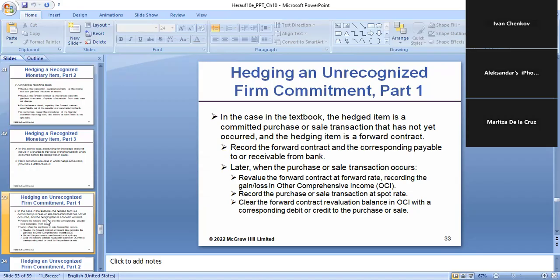And then we're going to clear the forward contract. And the balance that's kept in other comprehensive income goes with the purchase or the sale of the contract. So we're going to eliminate the effect of other comprehensive income from our statements.